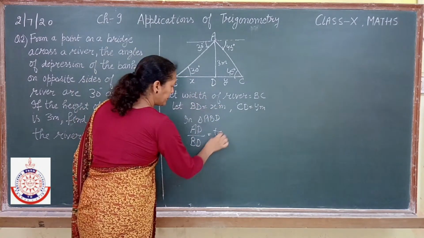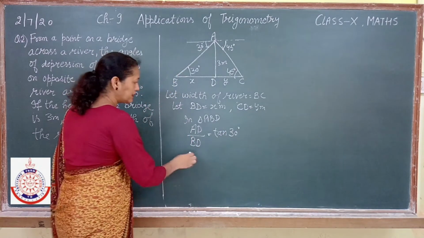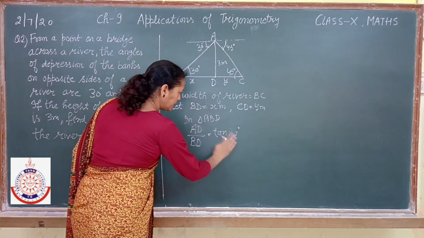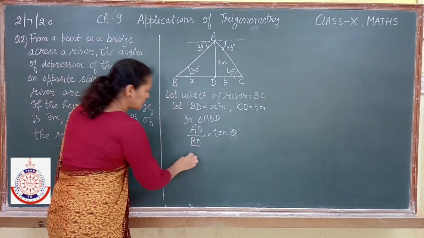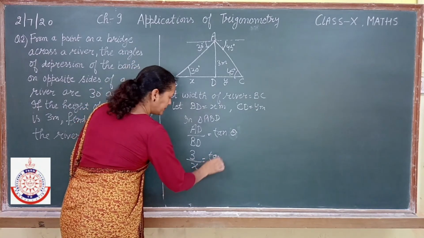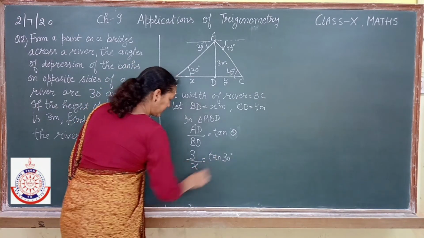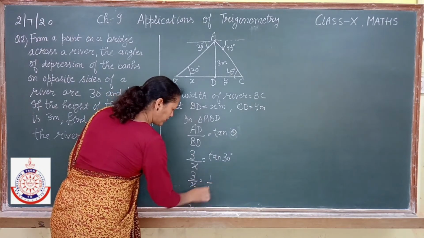So perpendicular over base would be tangent theta, and here theta is given to be 30 degree. AD is 3, BD is X, tangent 30 degree. So 3 upon X, tangent 30 is 1 over root 3.